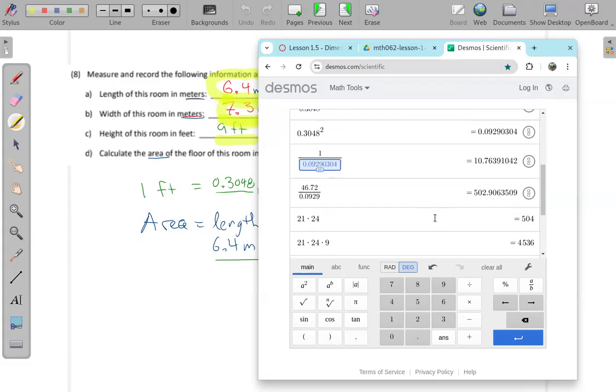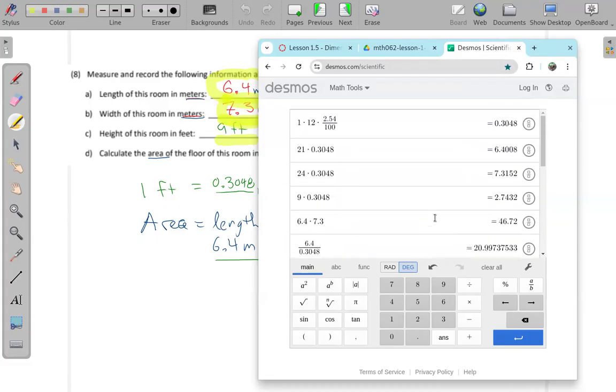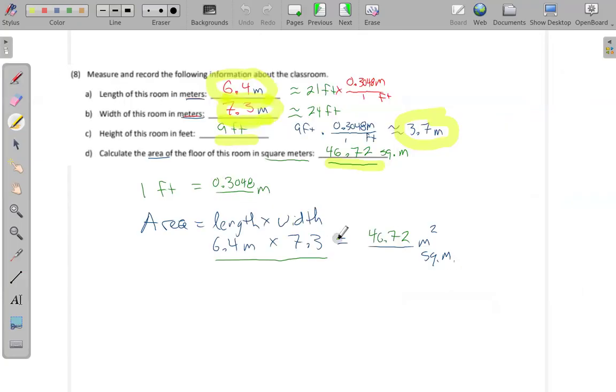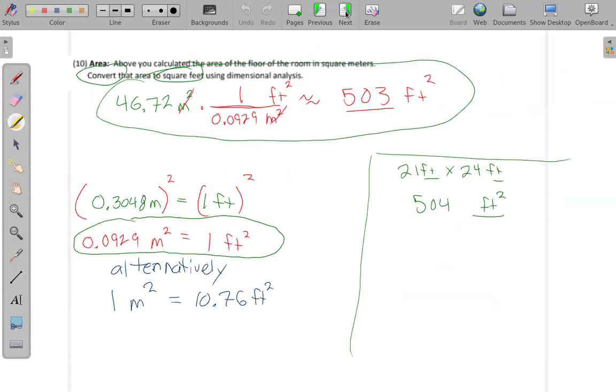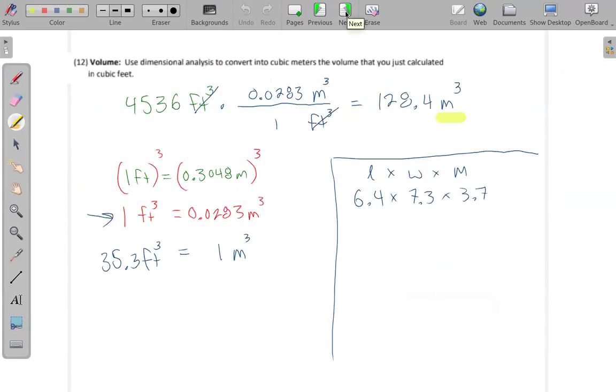Well, they're just further back in Desmos. Let's go back and look. All right, 24 times 0.3048 is 7.3-ish, sure. 21 times 0.3048 is 6.4, so that's feet to meters. And then 9, 2.7. Huh, I don't see the mistake yet. All right, I guess bonus to anyone, first one to write to me and find my mistake here. Fascinating.